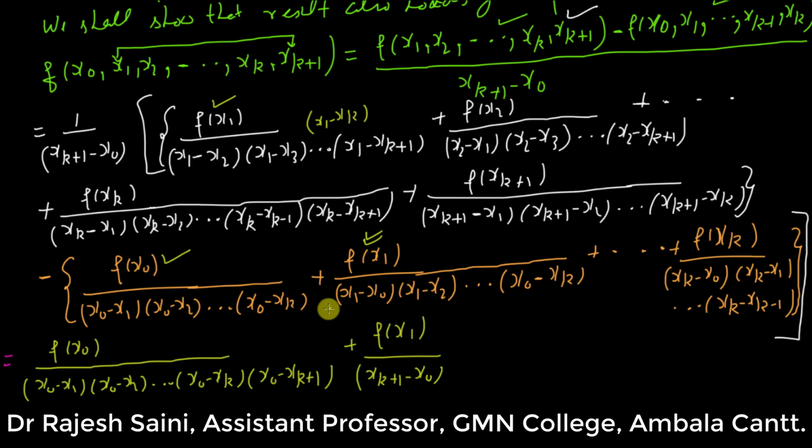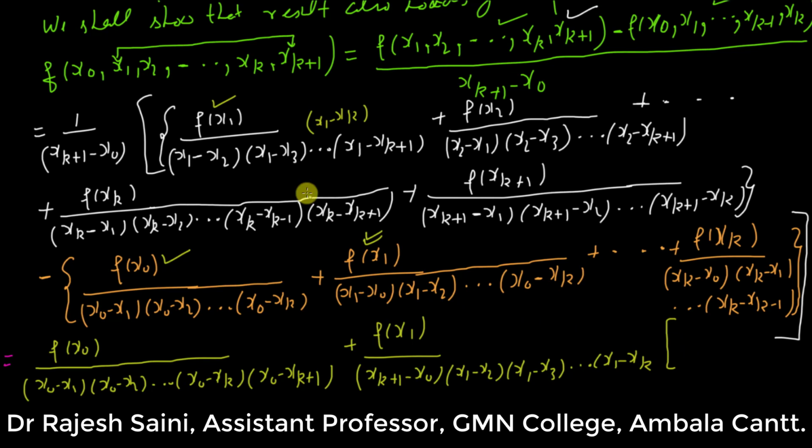So this will be common, except this thing. So I am going to take common from these two: x1 minus x2, x1 minus x3, up to x1 minus xk.